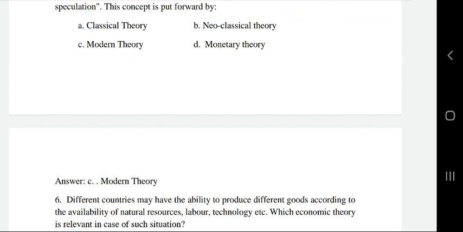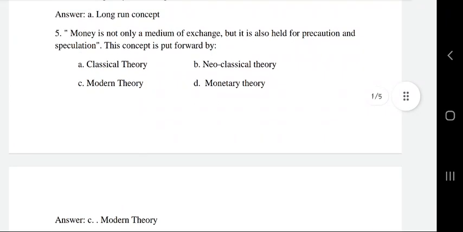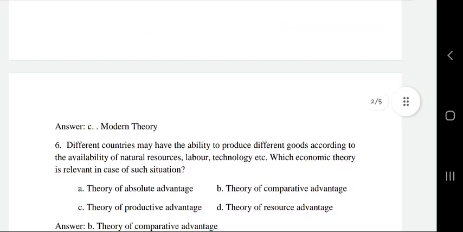Neoclassical theory focuses on supply and demand as the driving forces behind the production, pricing and consumption of goods and services. And monetary theory focuses on a change in money supply as a key driver of economic activity. So here the answer is modern theory.